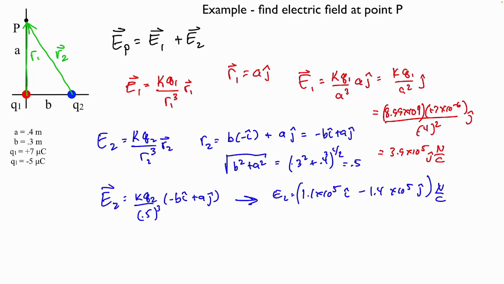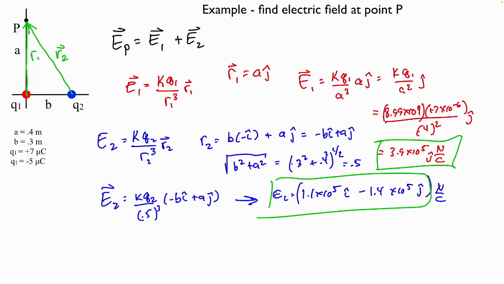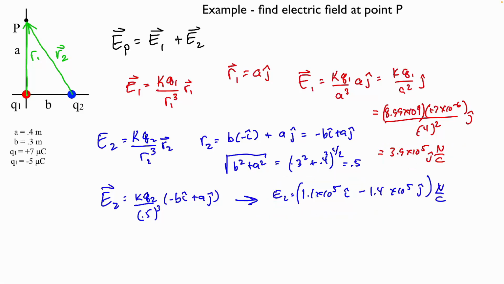And now that I've got a component there in the J direction, and I've got two components here, what do I do with those two vectors? Put them together, right? I's with I's, J's with J's. And then I get that my electric field at point P turns out to be 1.1 times 10 to the 5th I hat plus 2.5 times 10 to the 5th J hat.